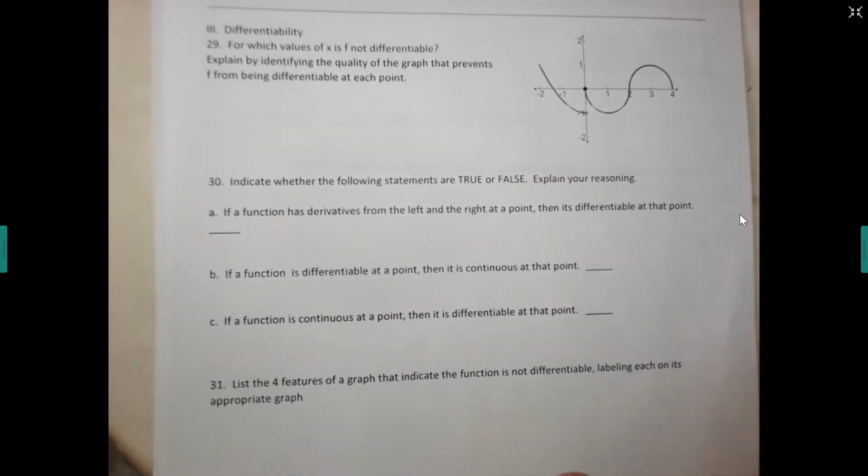So, negative 9 over negative 1 plus 8. Y'all go ahead and do 29 and then we'll check in a sec.